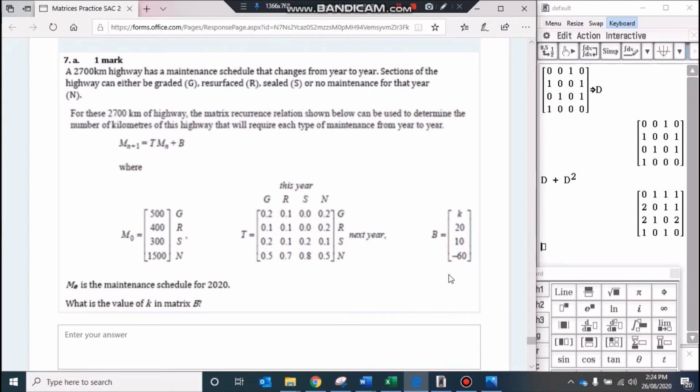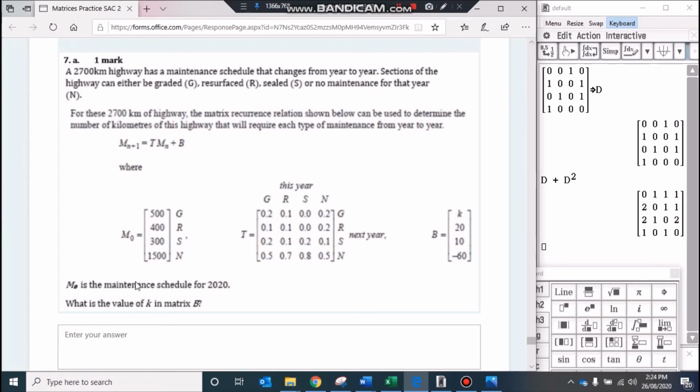Question 7. We've got a 2,700 kilometer highway that has a maintenance schedule that changes from year to year. The sections of the highway can be graded, resurfaced, sealed, or no maintenance. For these 2,700 kilometers, the matrix recurrence relation shown here can be used to determine the number of kilometers of highway that require the different types of maintenance.